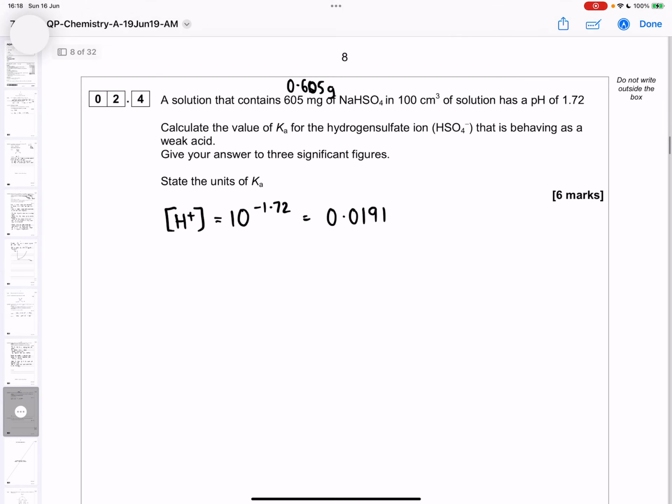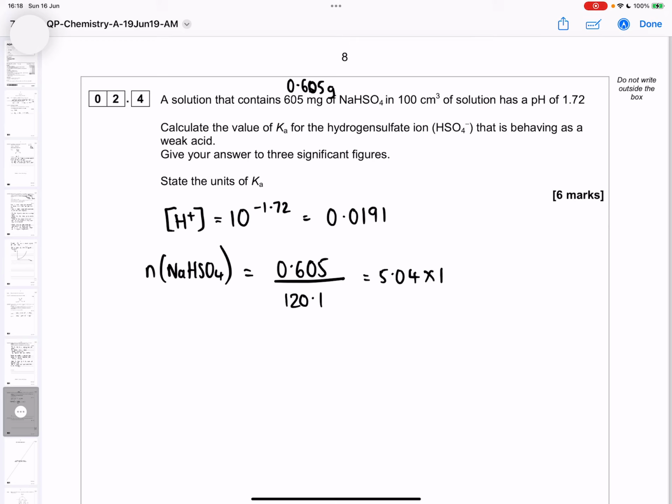I'm going to work out the number of moles of sodium hydrogen sulfate by doing the mass, 0.605, divided by the Mr, which I'm going to add up, 120.1. That gives 5.04 times 10 to the minus 3.